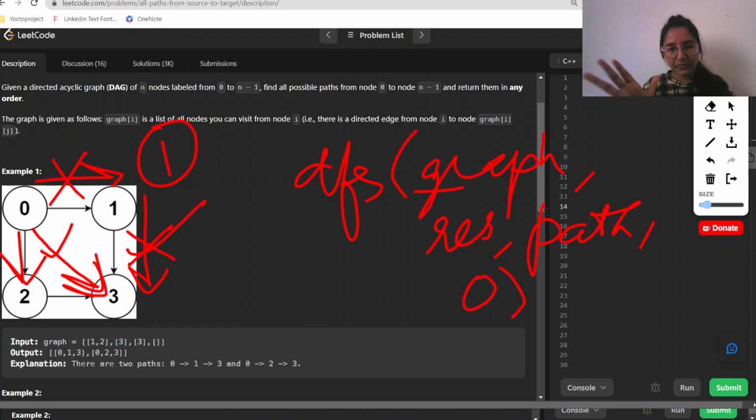That's what we will be passing. This result will be storing all our possible paths. Because the output type is vector of vector, a 2D vector, in which all these paths, each a particular vector, will be stored.